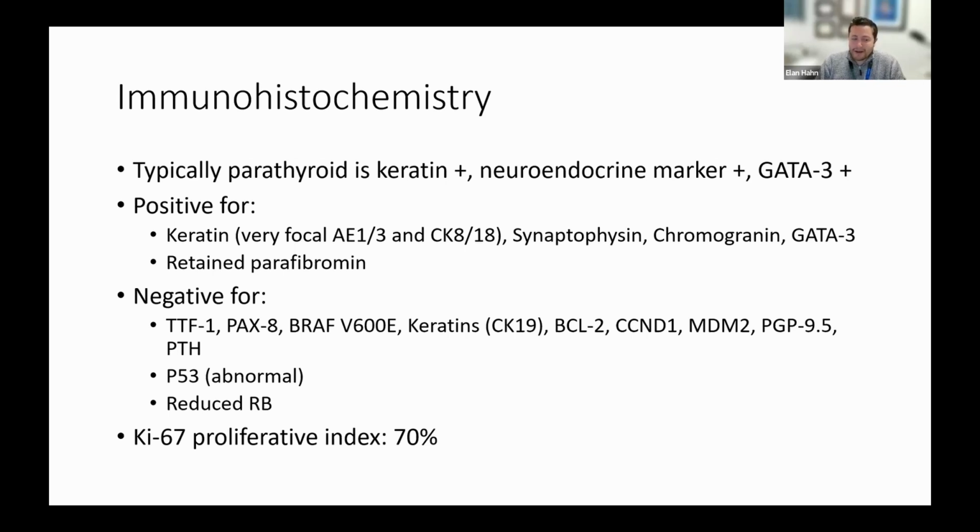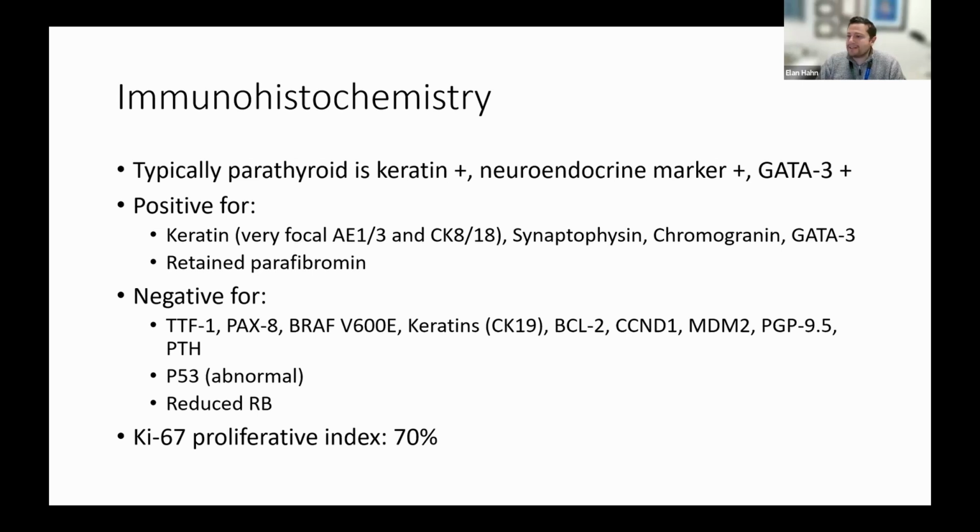It is negative for a bunch of thyroid markers, other keratins, and PGP9.5, which is a marker of parathyroid carcinoma and is usually positive in carcinoma, and it's negative for PTH. The P53 is lost, which is an abnormal mutated pattern, and there's reduced RB staining. The proliferative index is around 70%.